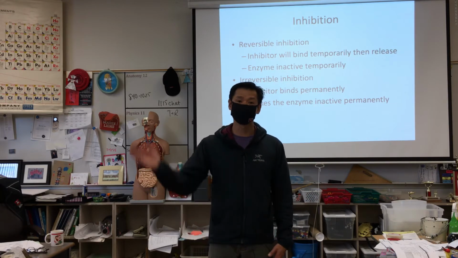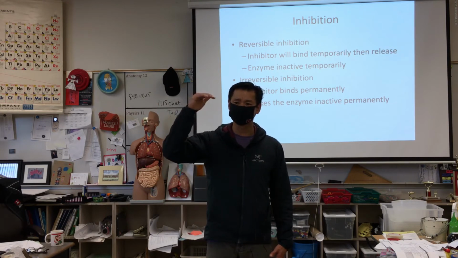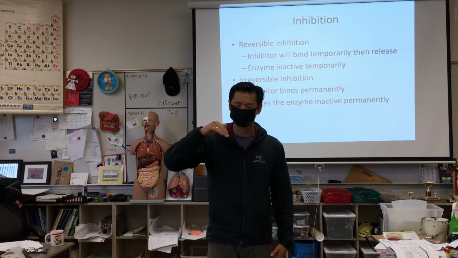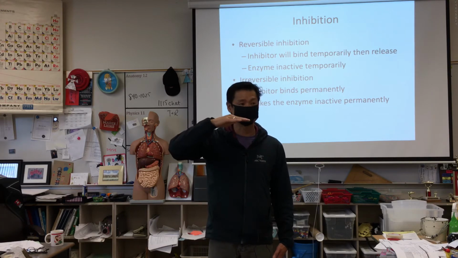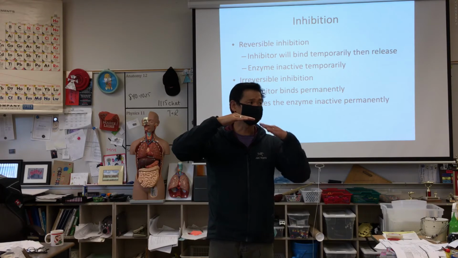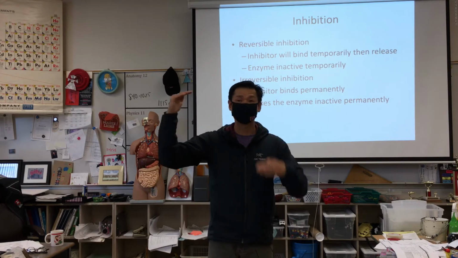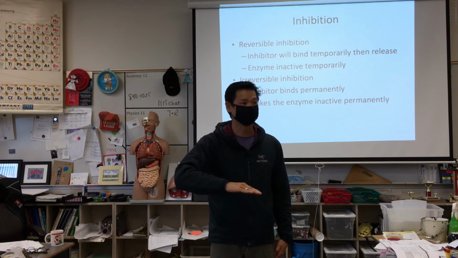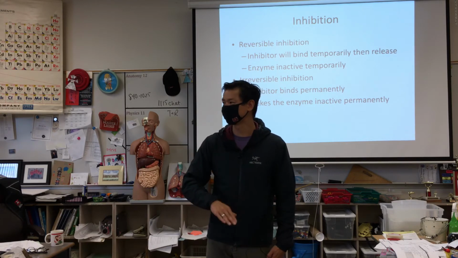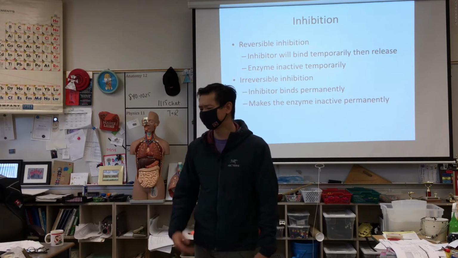If it can be undone, the enzymatic reaction might just happen at a lower rate. Instead of happening at this rate, it happens at this rate. Now, if it's irreversible and there's enough of the inhibitor, it could completely turn it off and shut it down, and then your rate of reaction would be 0. But you would need quite a bit.